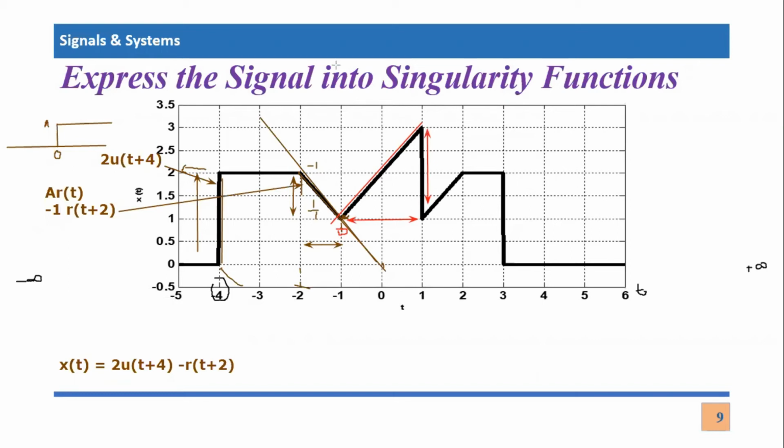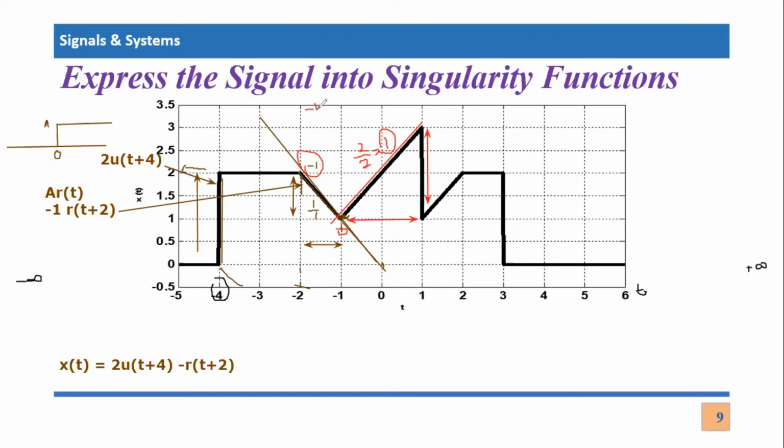So to calculate its slope, the vertical units are 2 and the horizontal units are also 2, so the slope is going to be 1. Remember, the last slope was -1.